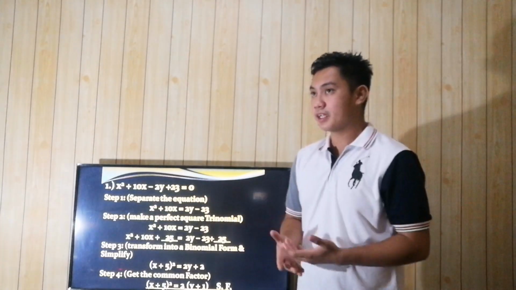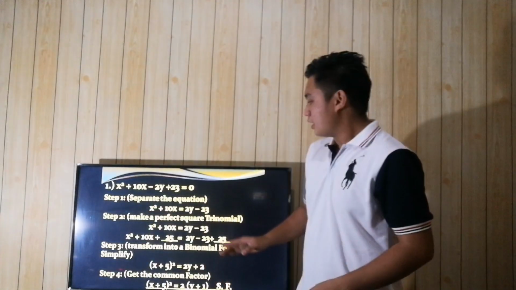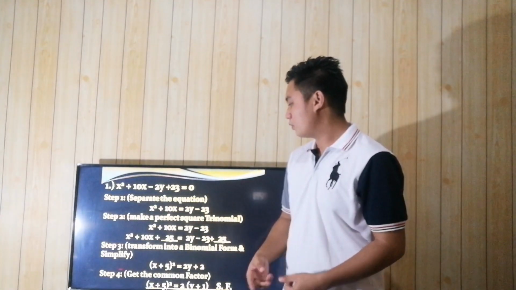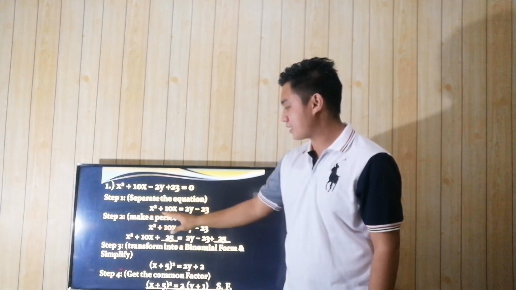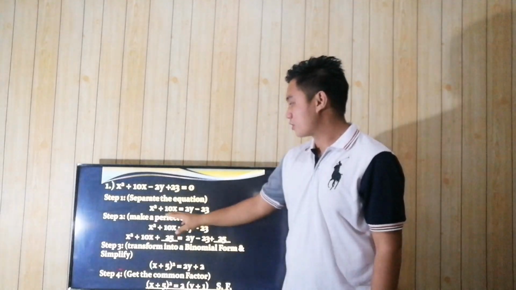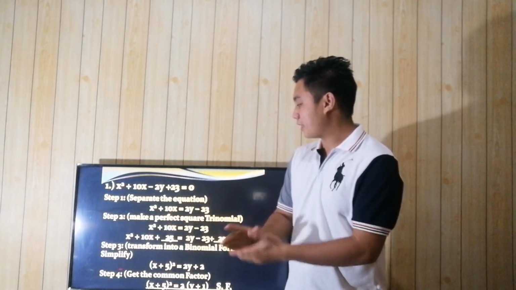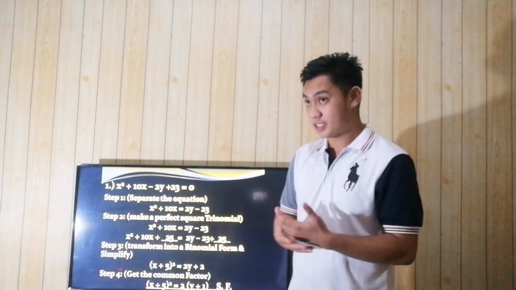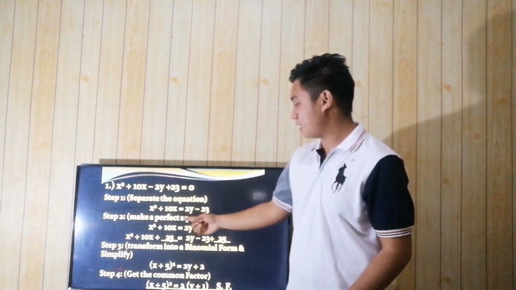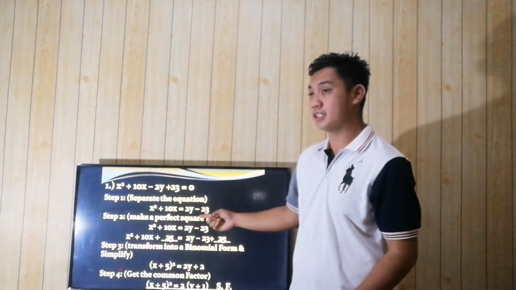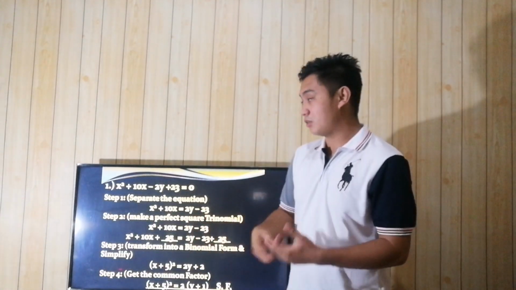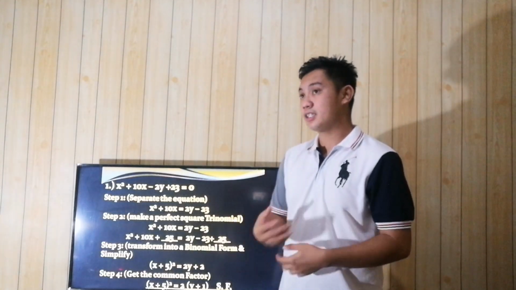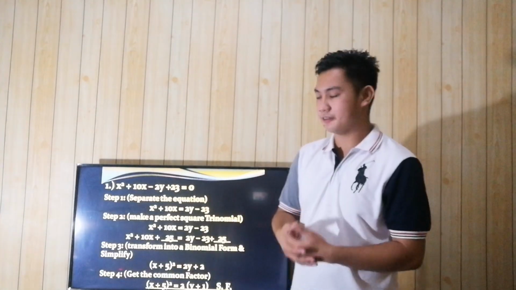Iiwan natin ang may magkaparehong variables. So, we have x squared plus 10x. Since isa-separate natin siya, ita-transpose natin siya, i-additive inverse. So, nagiging positive na 2y, and then nagiging negative na si 23. Diba? Ganun ang rule kapag maglilipat tayo. Magiging negative or magche-change ang sign.